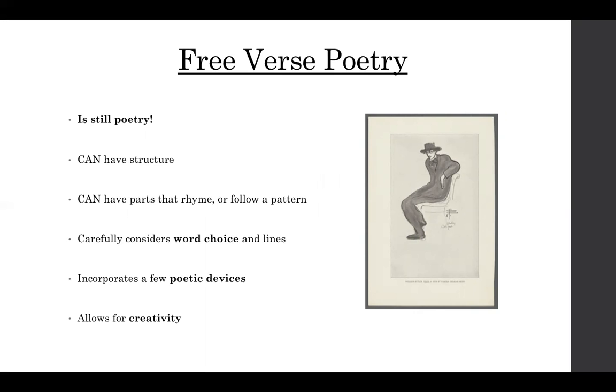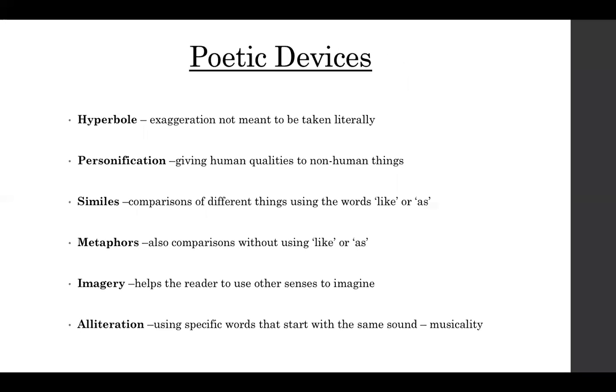We'll talk more about poetic devices soon. Most importantly, what makes it free verse poetry is that it allows for creativity. So it's up to you how you structure your poem. But what separates words on a page from an actual poem is carefully considered word choice and the use of poetic devices. So what are poetic devices?